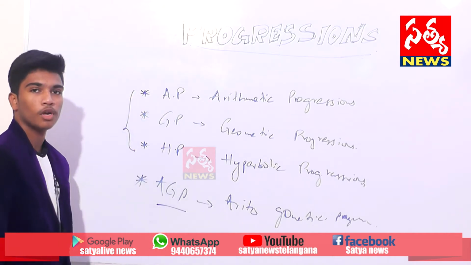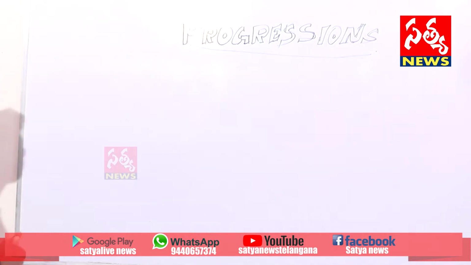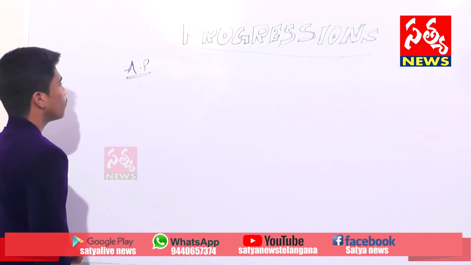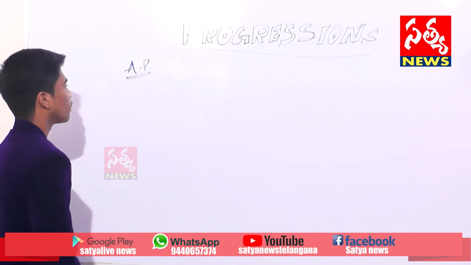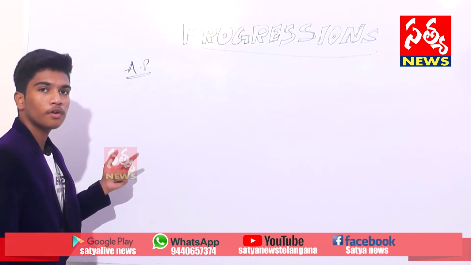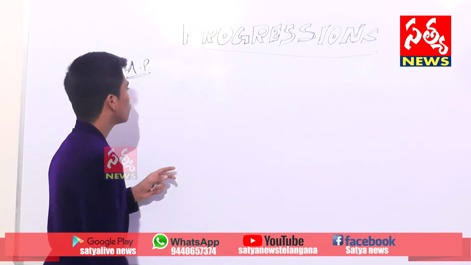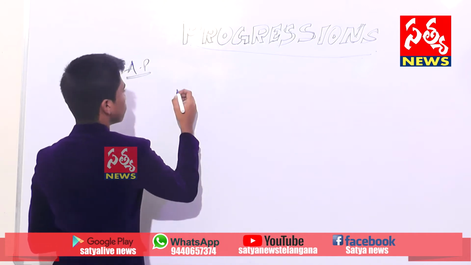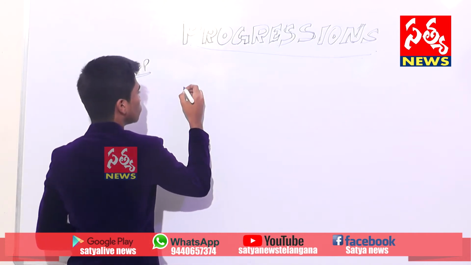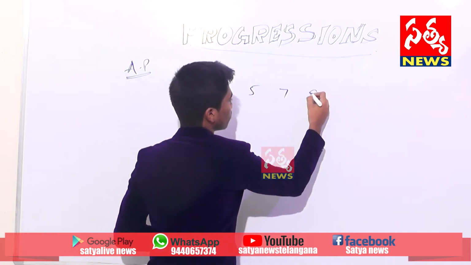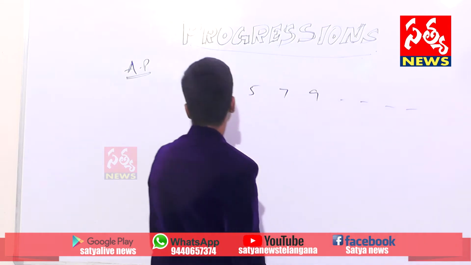First of all, let's discuss AP. What is AP? AP is a set of numbers which consists of constant increment or decrement between two consecutive terms. For example, if we take a set of numbers 1, 3, 5, 7, 9, and so on.